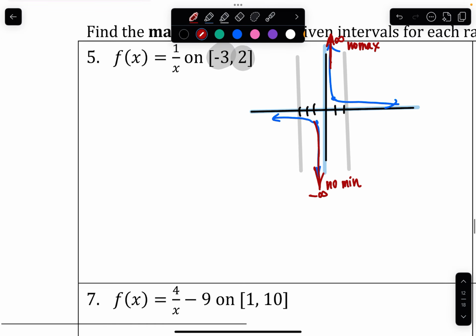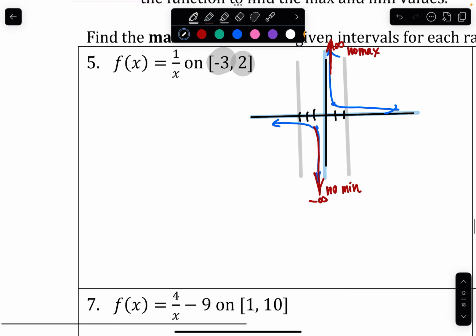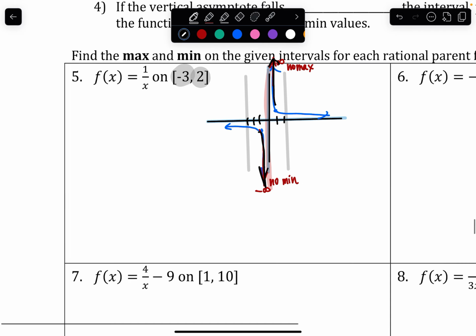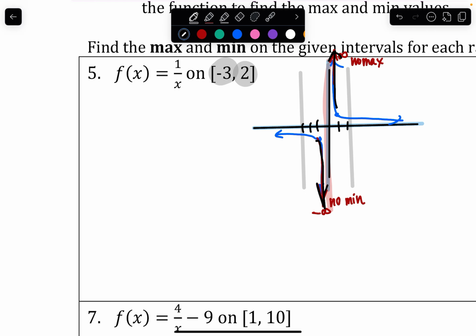By sketching this picture and seeing that our vertical asymptote falls right in the middle of this interval, that means our function is going to be approaching both positive infinity and negative infinity on this interval. So there will be no max and there will be no min.